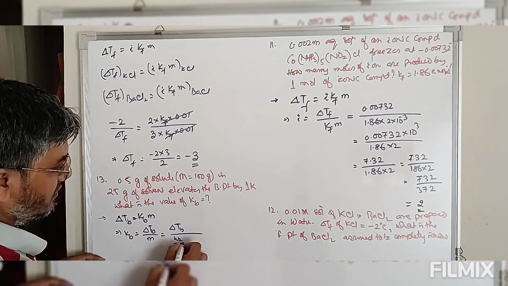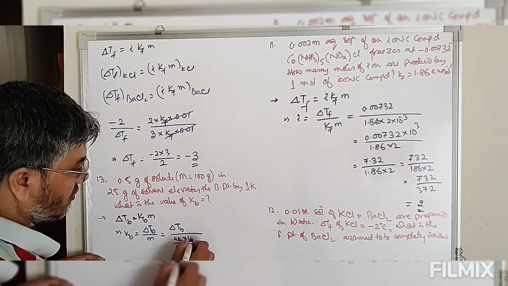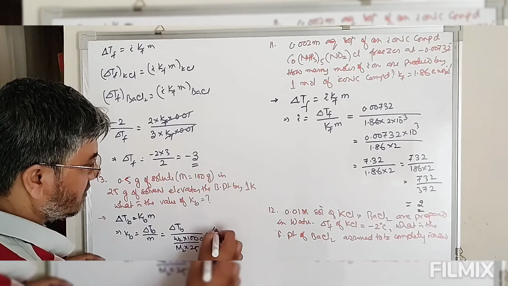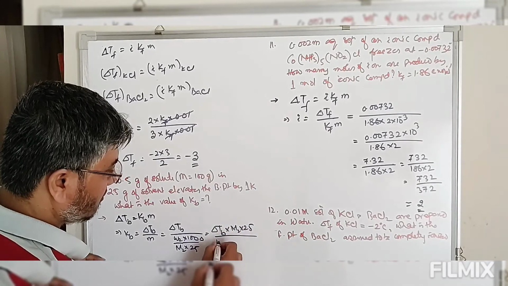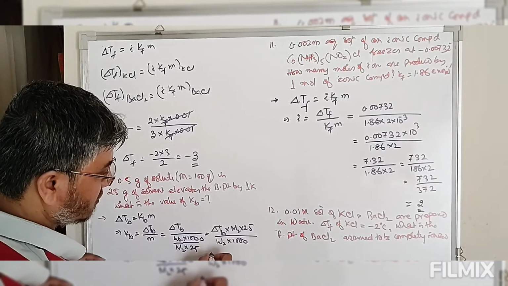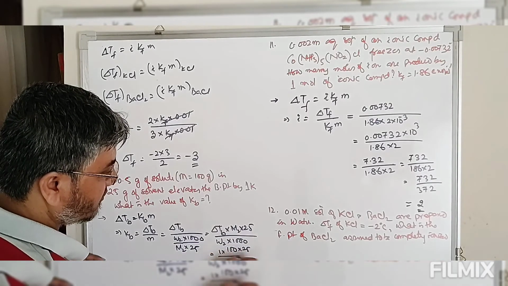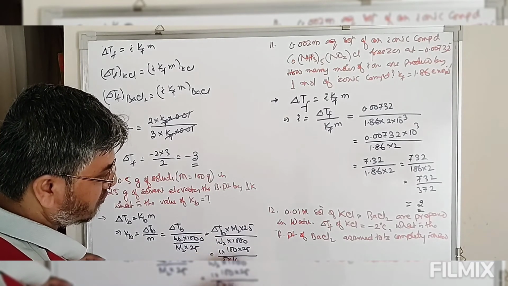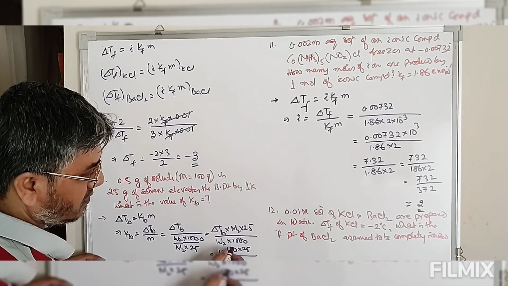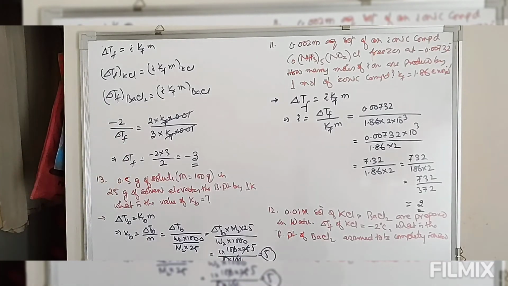So this is delta Tb into M2 into 25 divided by W2 into 1000. Delta Tb is 1, M2 is given as 100, into 25, mass of solute is given as 0.5, into 1000, so 5 into 100, so Kb is 5. The elevation in boiling point constant, Kb, is 5 for this.